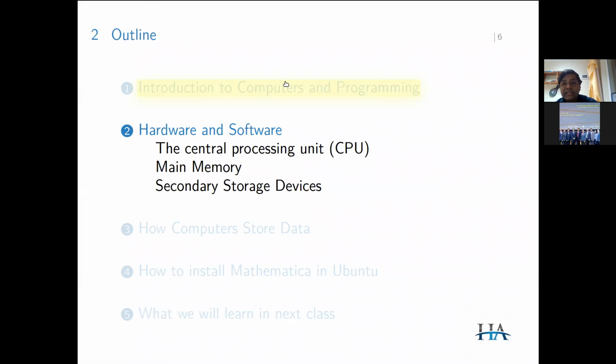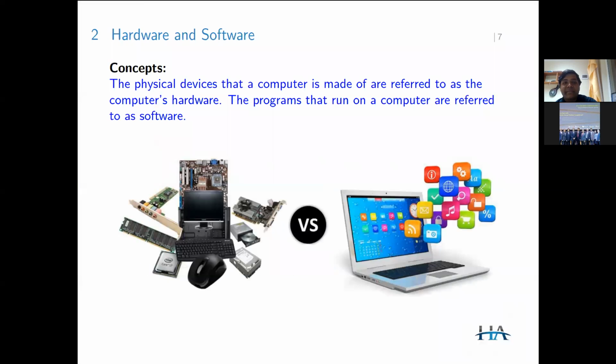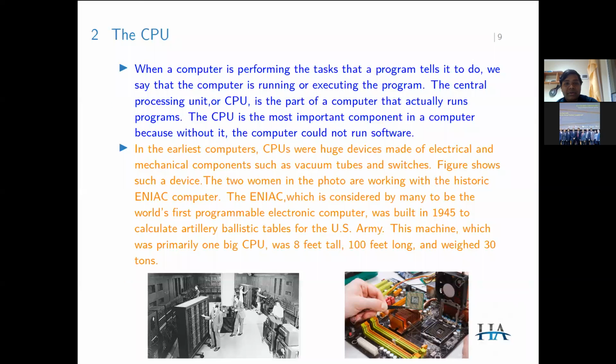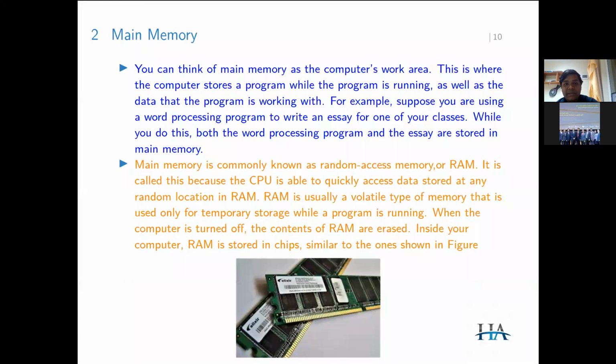Okay. Then I discussed the hardware part of your computer. I discussed the CPU, the main memory, and also the secondary storage devices. According to the hardware, we discussed what the CPU is and what its purpose is in your system. We discussed the main memory.